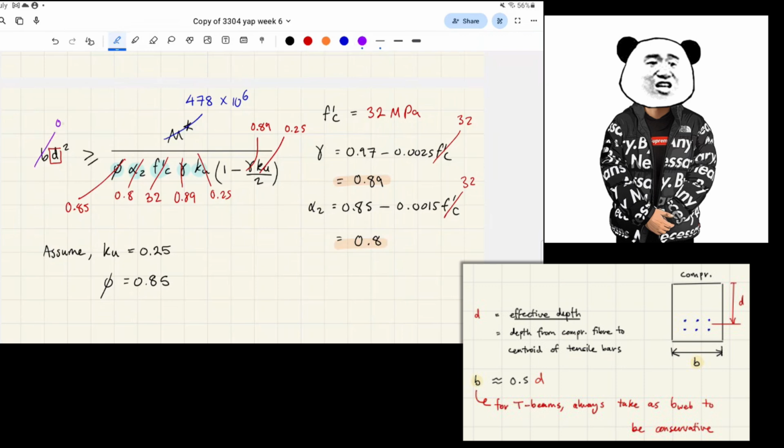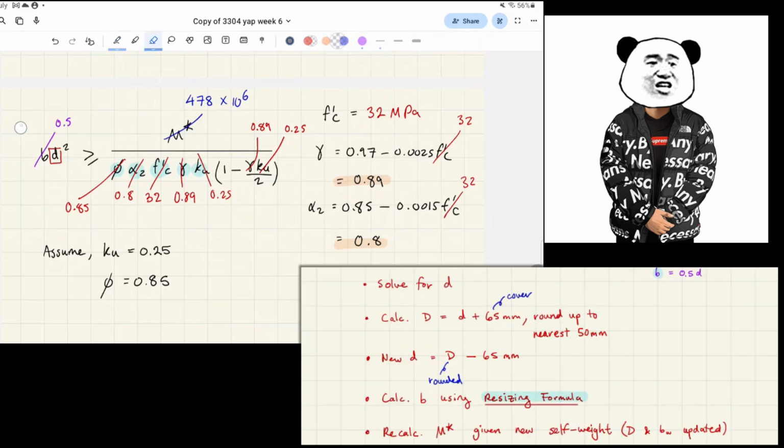Perfect. So we assume b is 0.5d. Now we move that 0.5 to the other side, and we have d cubed on the left-hand side, and we just cube root everything on the right-hand side that we've calculated.